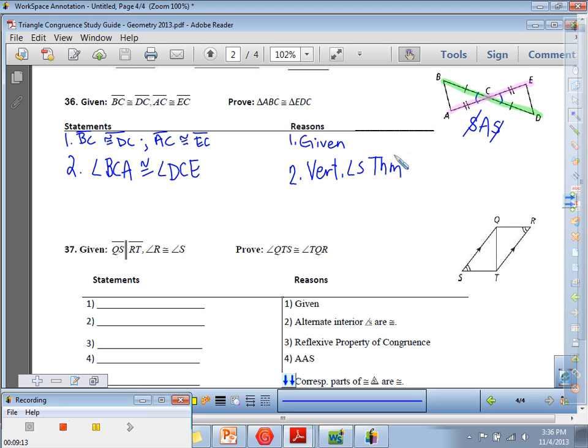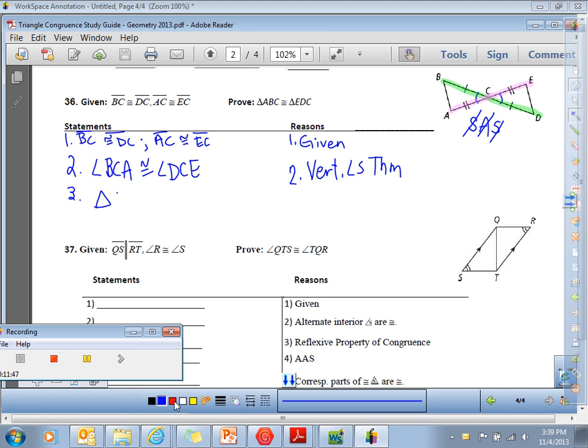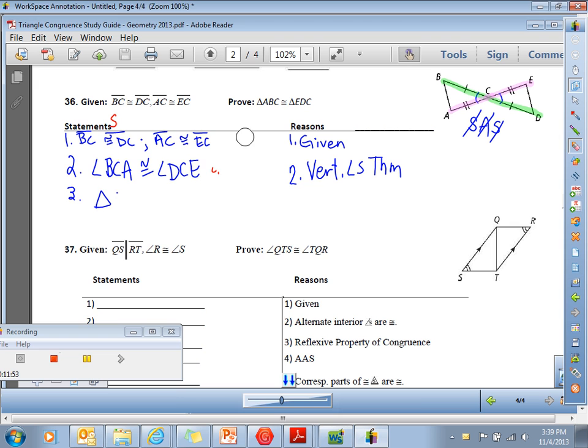Either one. Now, we've mentioned the two sides and the angle. Is that enough to prove the triangles are congruent? Yes. So what would step 3 be? Because we've mentioned a side, an angle, another side.